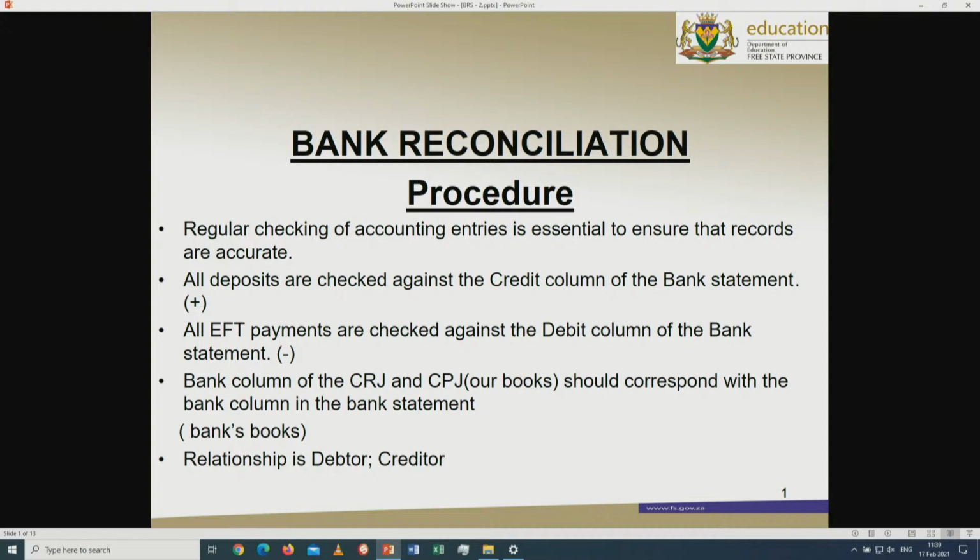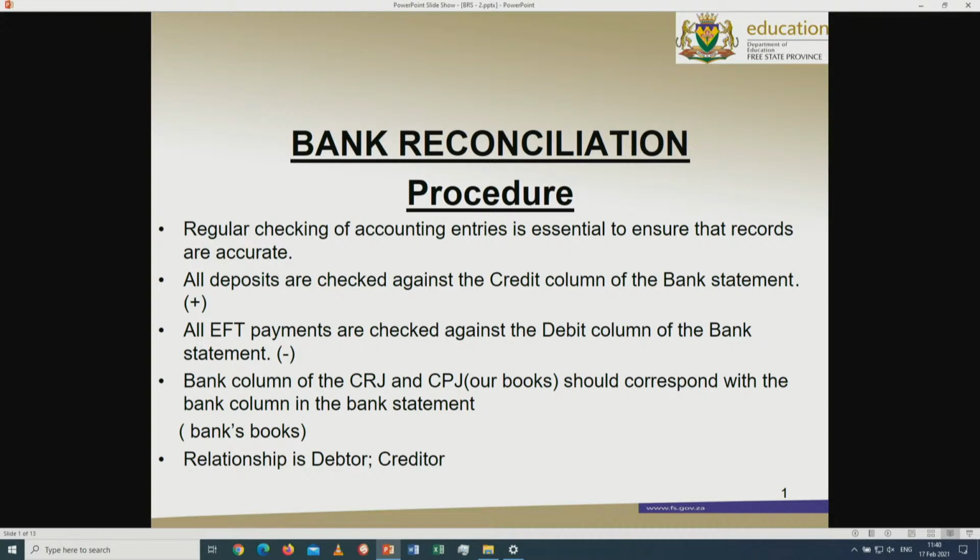Remember, we said every time you withdraw money, every time you make payments, the bank debits your account. So if they are using 2 columns on that bank statement, you'll see a debit column and a credit column. The credit column has all the deposits, and the debit column will show all the payments. Or they use the signs, the positive sign for the CRJ and the negative sign for the CPJ.